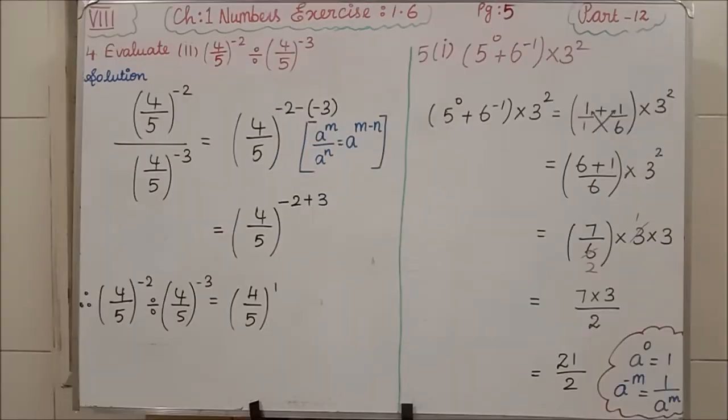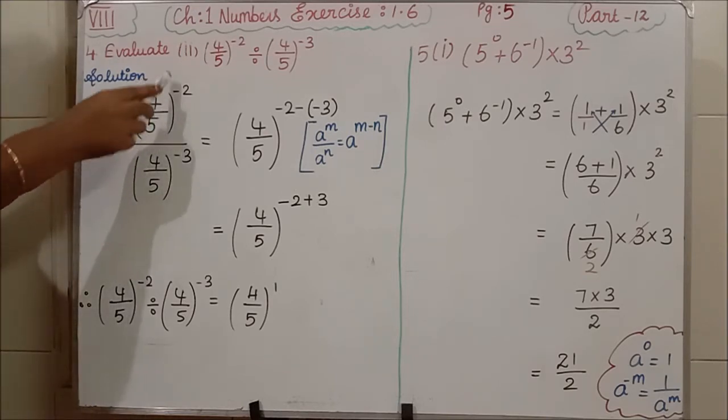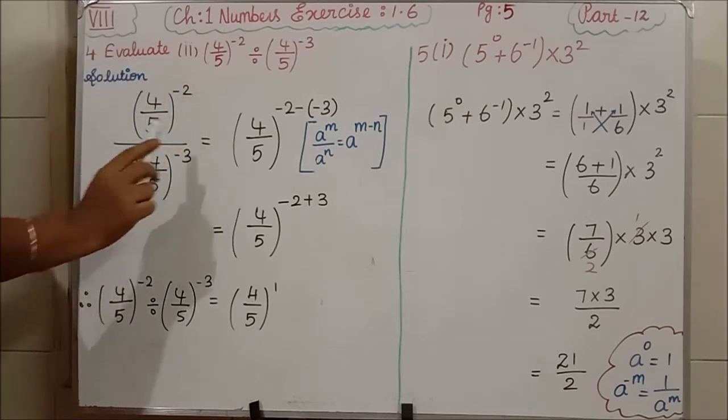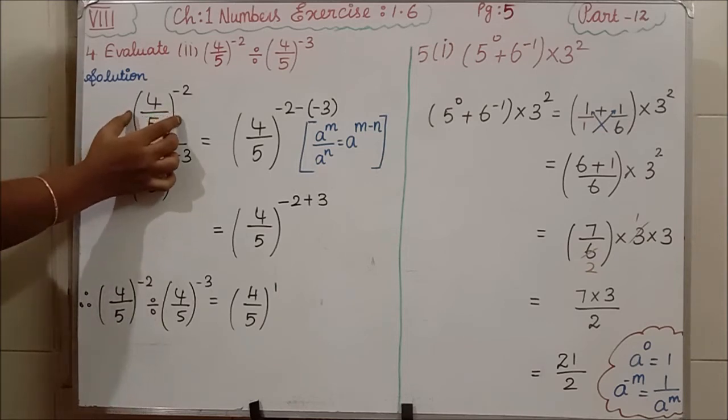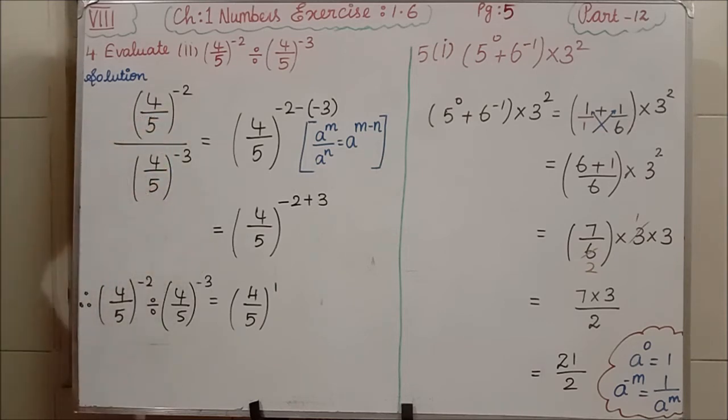Fourth question, second subdivision, we will see: 4 by 5 whole power minus 2 divided by 4 by 5 whole power minus 3. See, we will start the solution. I have written 4 by 5 whole power minus 2 divided by 4 by 5 whole power minus 3 is equal to. After writing in divide form, you have to observe which is common. Here the base is 4 by 5, here also the base is 4 by 5.